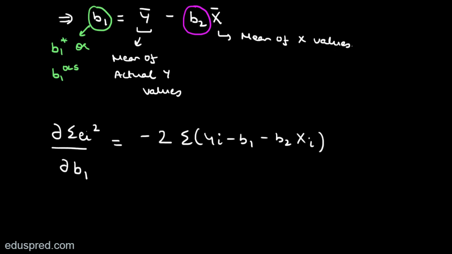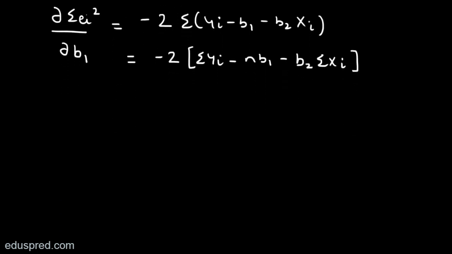Before I differentiate this expression with respect to b1, I can write that this is equal to minus 2 summation yi minus n b1 minus b2 summation xi. So this is how I'm writing the first order derivative. Now I can differentiate this with respect to b1 to find the second order derivative.